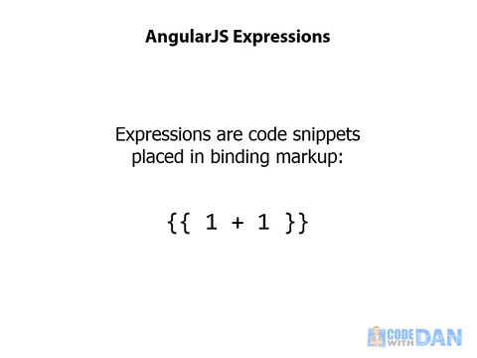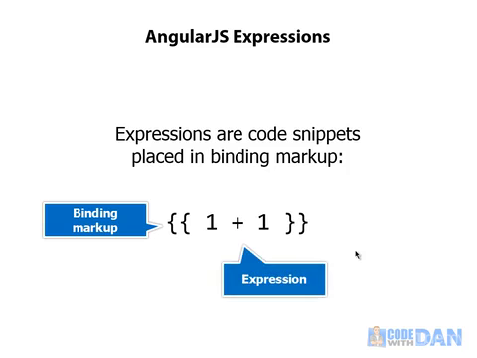Now, when it comes to data binding, we've already seen an example of a data binding expression. And here's an example of 1 + 1, which should obviously yield 2. What it uses is some binding markup, and that's the curly braces you see here, and then an expression. Now, the expression normally is going to be maybe a property name or an object.property name that you want to actually write out in the page.